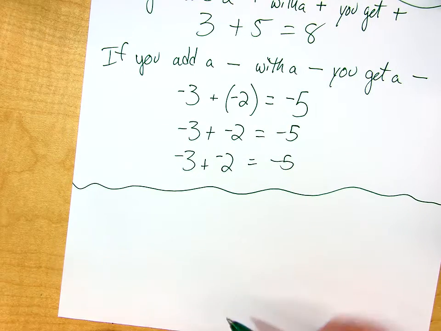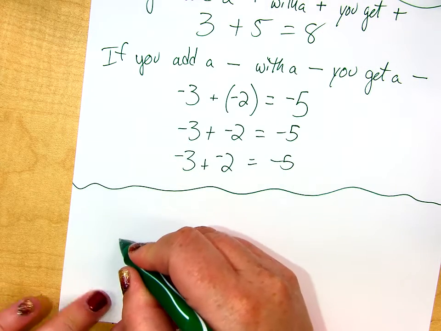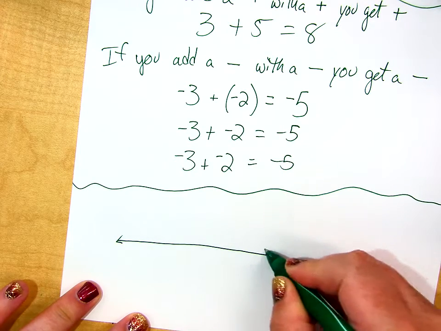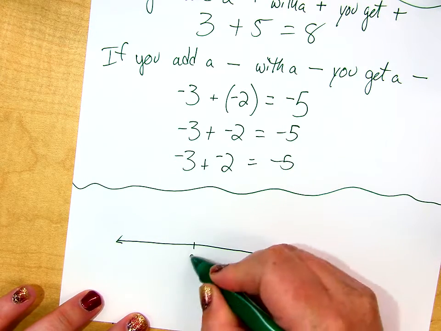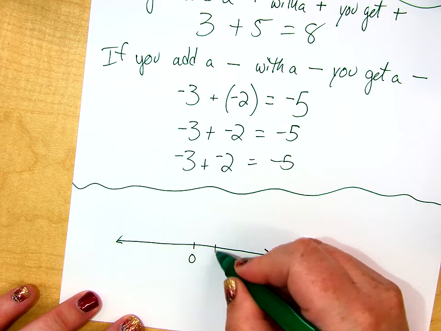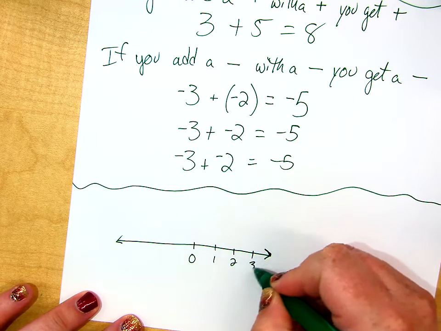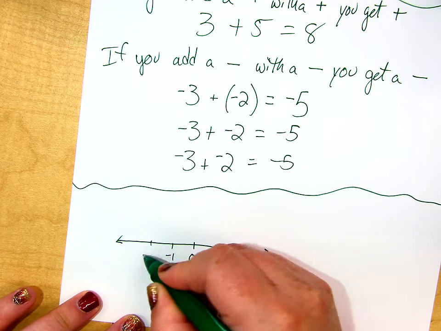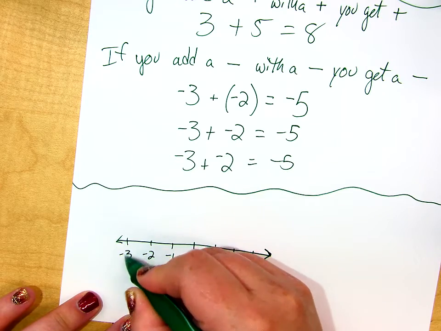Okay? So, I'm actually going to draw a number line to help us see this. Let's say I wanted to, so here's 0. 1, 2, 3. -1, -2, -3.